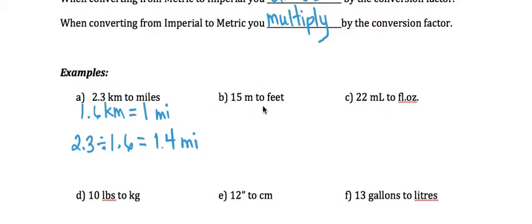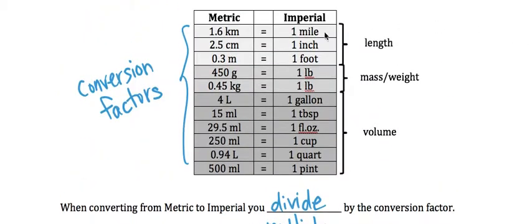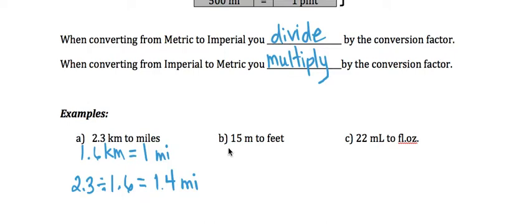The next thing I want to look at is converting meters to feet. Again, I'm going to refer back up to my table, and I know that 0.3 meters is the same as 1 foot. So I'm going to use that down here. 0.3 meters is the same as 1 foot.